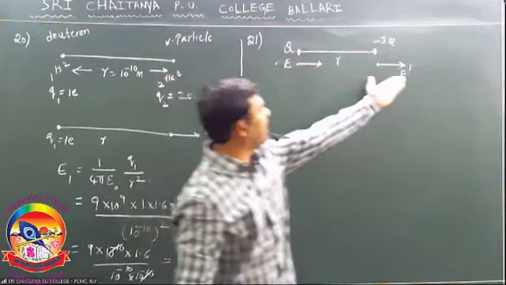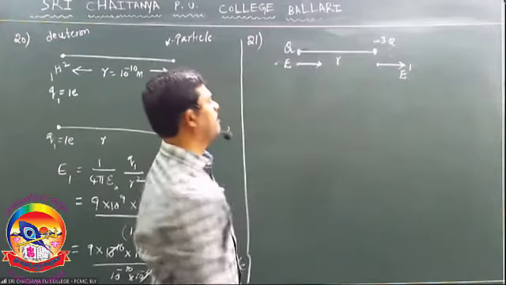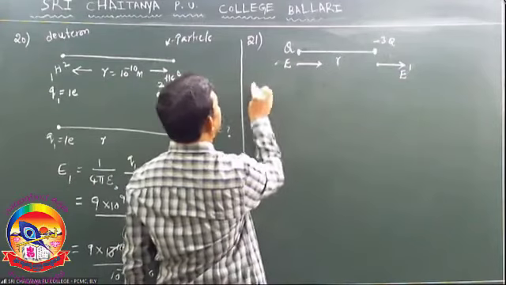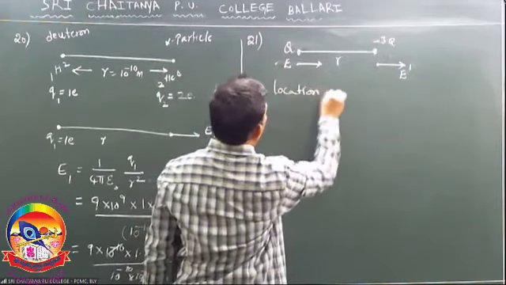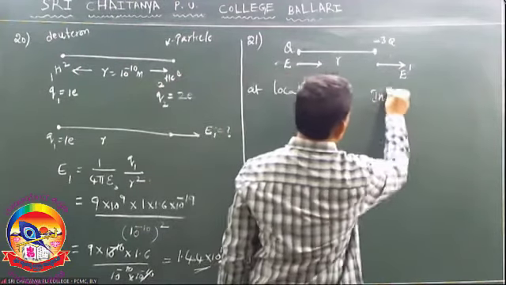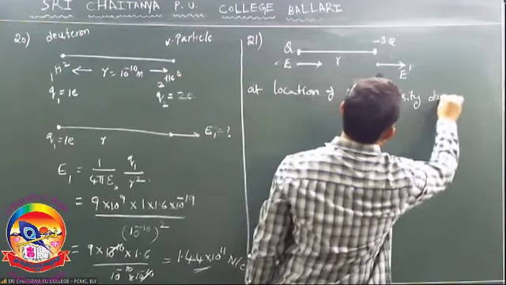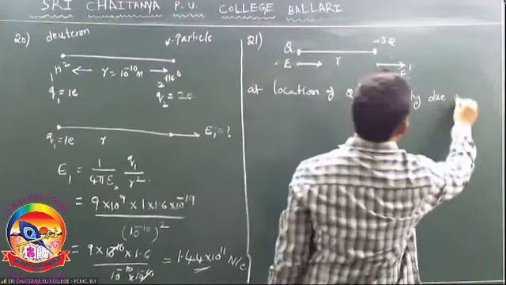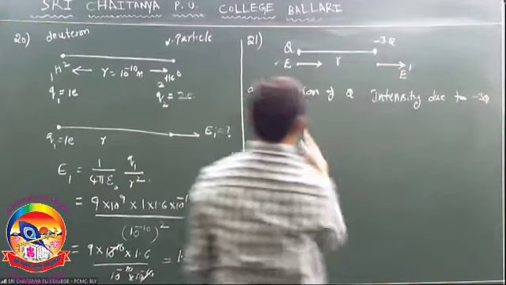What is E dash in terms of E? This E is what? E at the location of Q, intensity due to which charge? Minus 3Q.